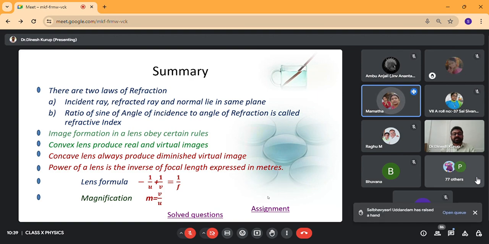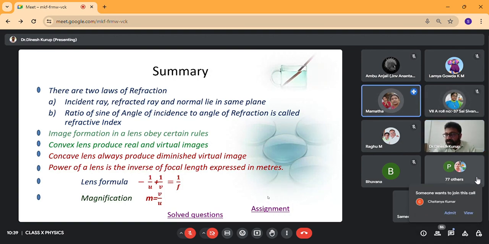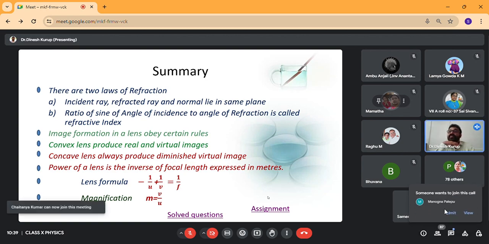Apart from reflection and refraction, what is the difference between both of them?